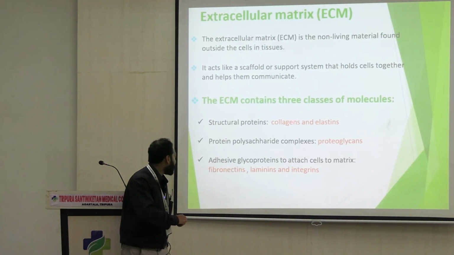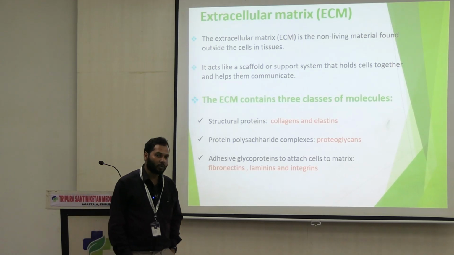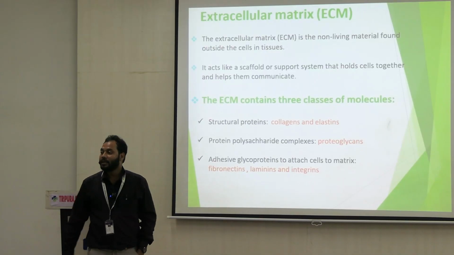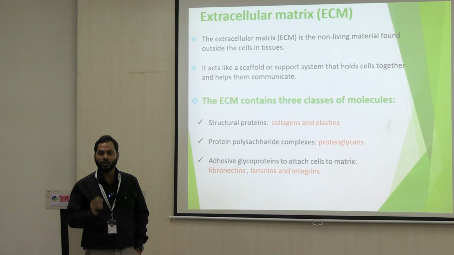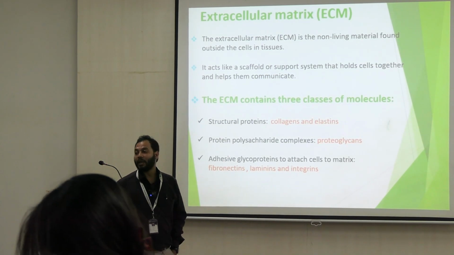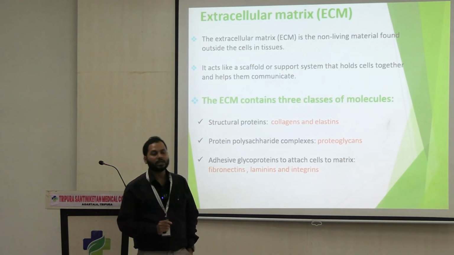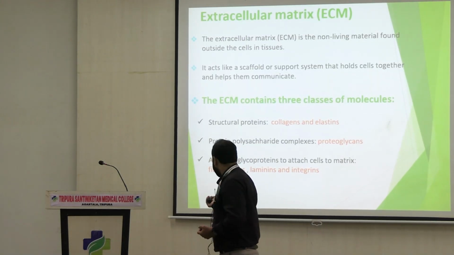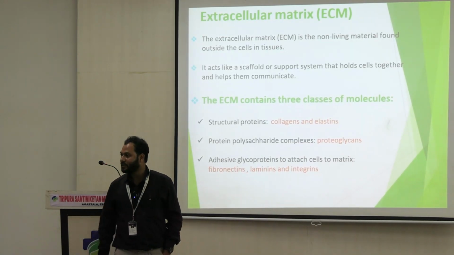You can see some structural proteins, mainly collagen and elastin, are present as structural proteins in the cell matrix structure. There are a number of polysaccharides that attach to the protein and form proteoglycans. We will see how these proteoglycans are present in the cell matrix. Along with this, adhesive glycoproteins. Adhesive glycoproteins are very vital because they allow the attachment of adjacent cells in a tissue. So what are the adhesive glycoproteins? These are fibronectins, laminins, and integrins, right?